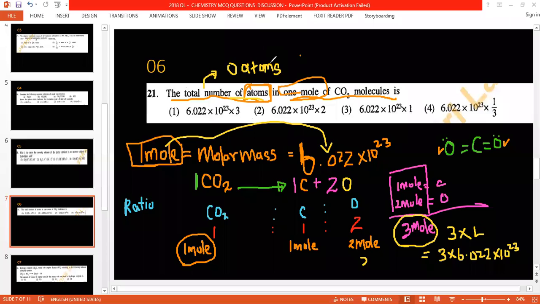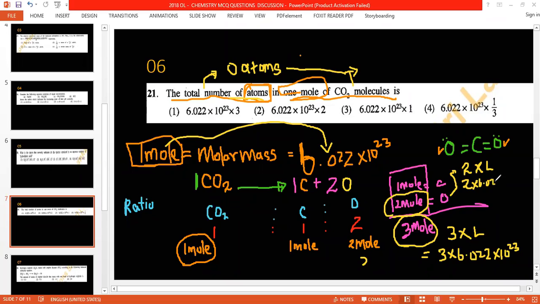How many moles of oxygen here? 2 mole. So if it's 2 mole, then the number should be 2 into L. So 2 into 6.022 into 10 to the power 23.